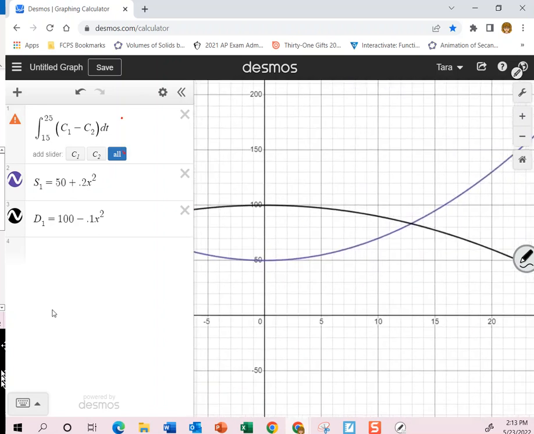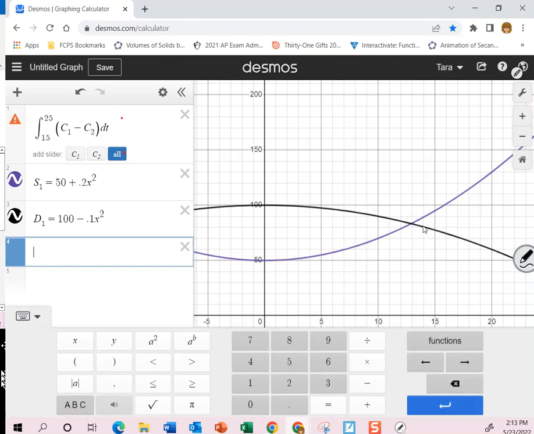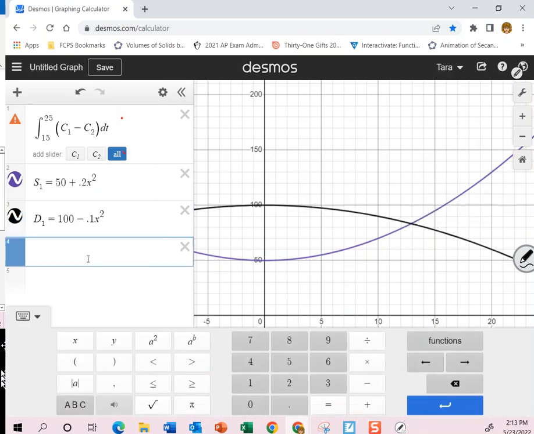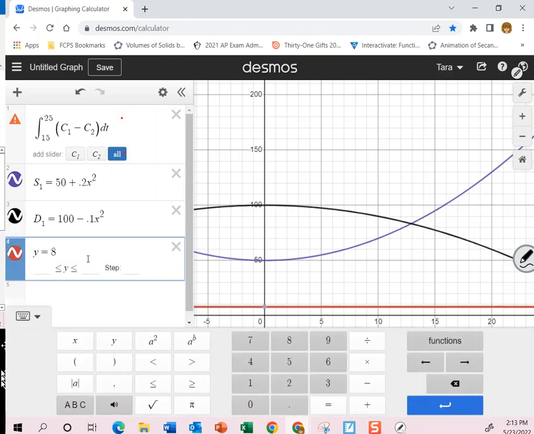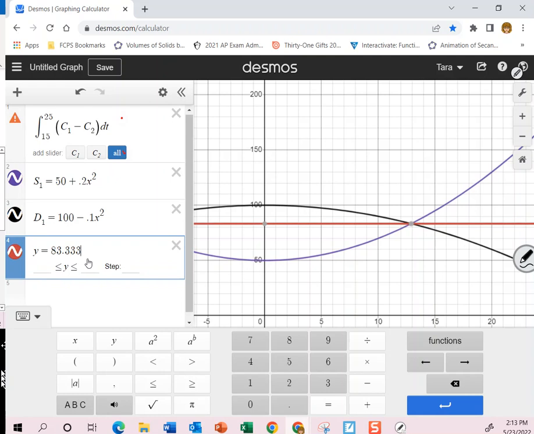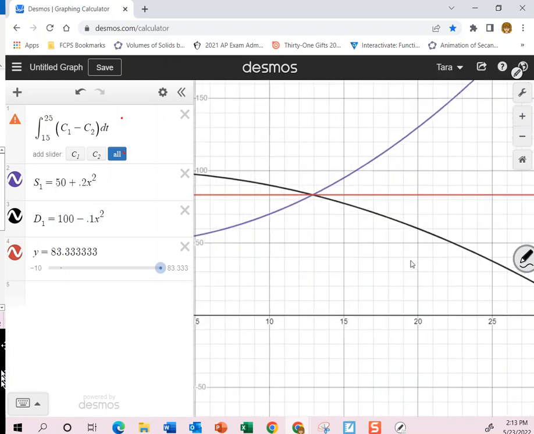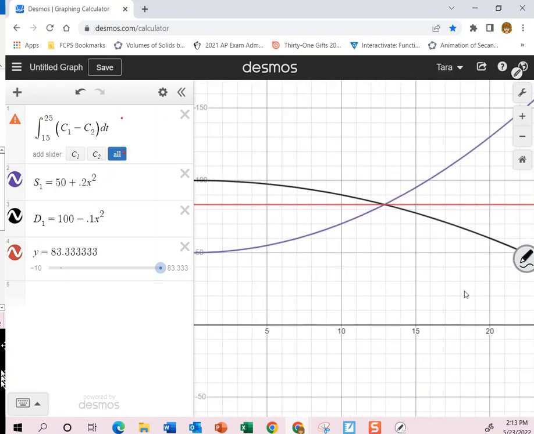There's the two graphs. The intersection, if I click, I can see 12.91, 83.333. So if I do y equals 83.33333, it'll do the horizontal line. Blow that up a little bit. So we are actually going right in there.